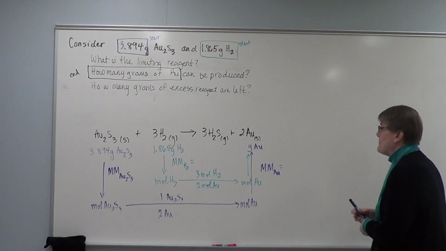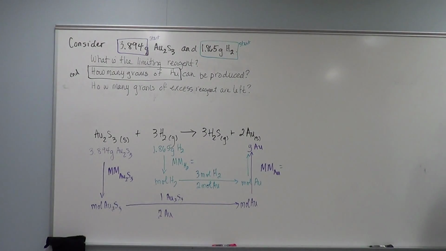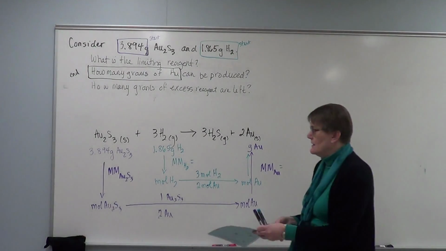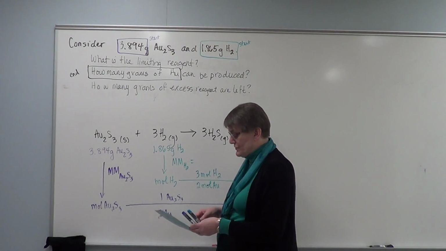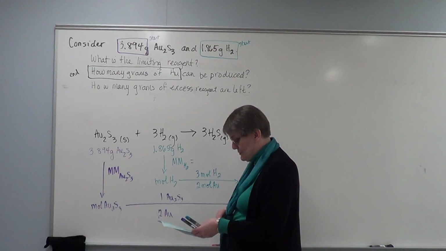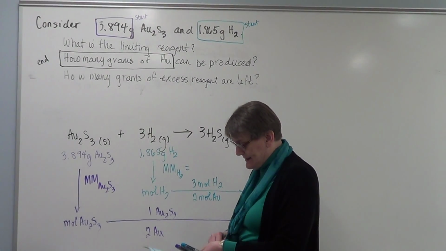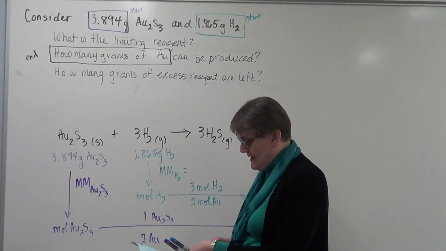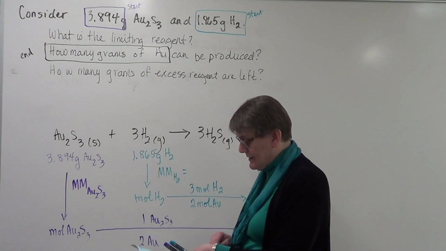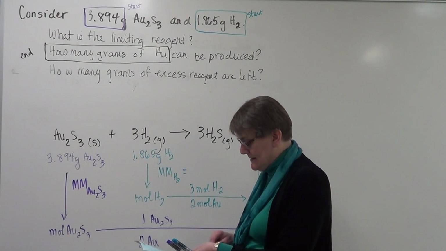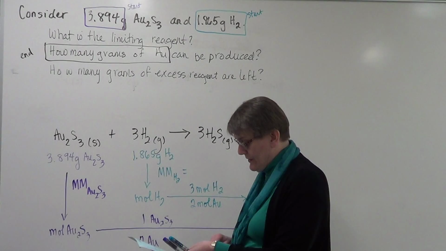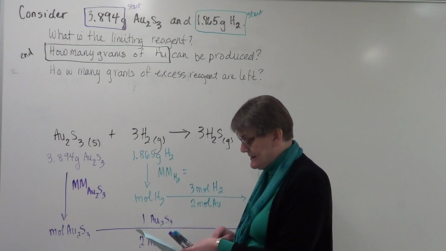So now I'm ready to whip out my periodic table and my calculator, and so gold sulfide, the molar mass is 2 times the molar mass of gold, which is 196.97, plus 3 times the molar mass of sulfur, 32.06.